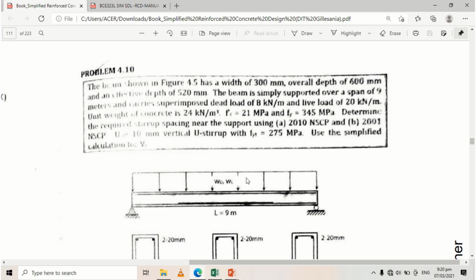Unit weight of concrete is 24 kN per cubic meter. FC prime is equal to 21 megapascal and Fy is equal to 345 megapascal. Determine the required stirrup spacing near the support using 2010 NSCP and 2001 NSCP. Use 10 mm vertical U stirrup with FYT 275 megapascal.